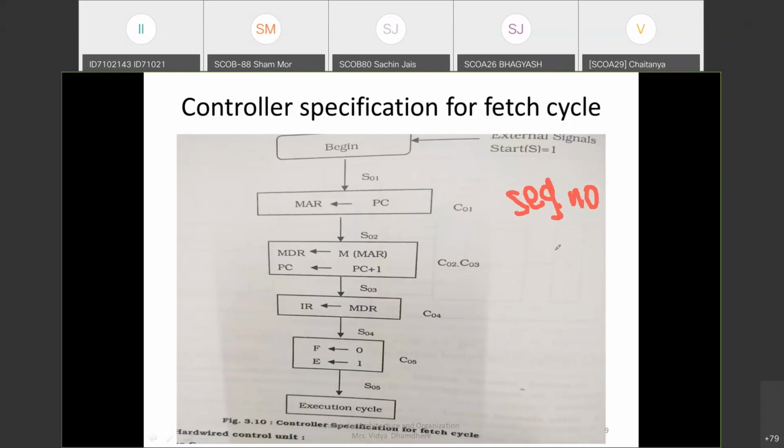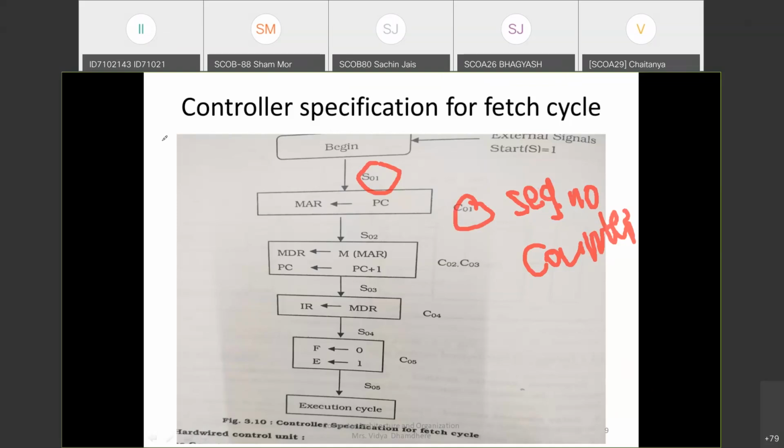Second, after maintaining the sequence, we need to use the counter for that particular method, so a counter number is there. In this diagram, I have not yet explained what S01 and C01 mean, so I am going to explain that now. It is related to the sequence counter only. Sequence and counter are both mentioned in the form of the flowchart. That's why this method is called the sequence counter method.